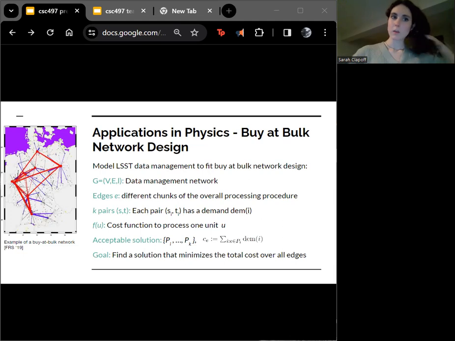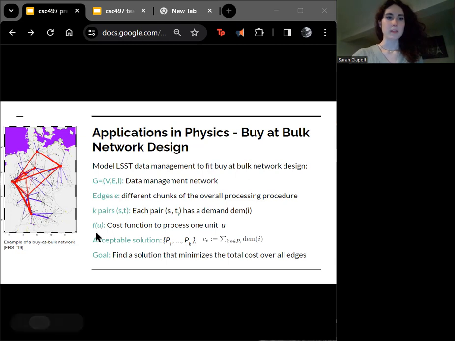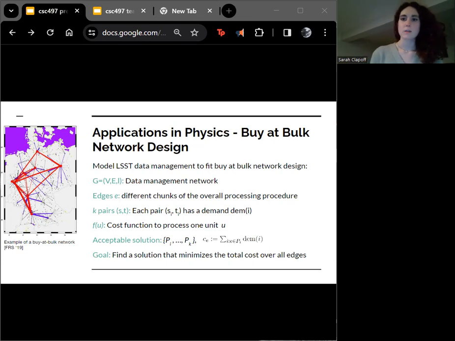In the model, we're going to represent the data management as a network of machines that are sending and receiving data in different stages of being processed. And that's our G here. The edges, E, are going to represent different parts of the overall processing procedure. So it could be a different chunk of data that gets processed, a different time, just a different part of the overall processing procedure.